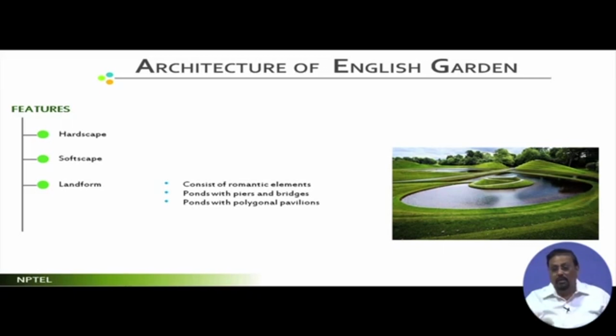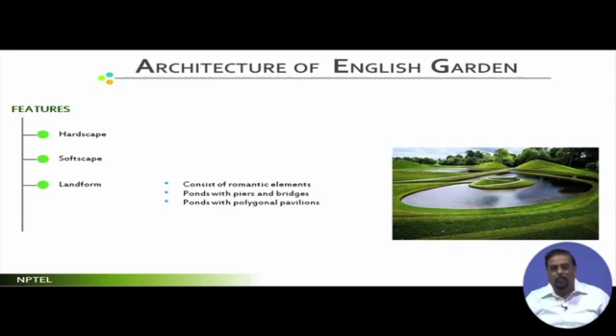When I discuss landform design in one of my lectures, there are different ways of using this activity in different terms. Some people call it landform, some call it ground form. So, it is basically the land's profile, and the English have really experimented with this kind of landform.